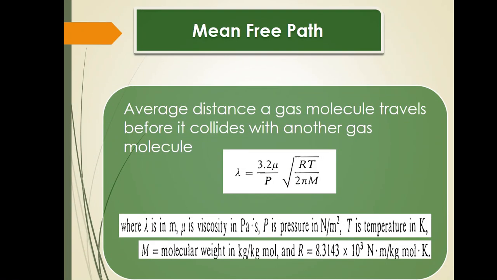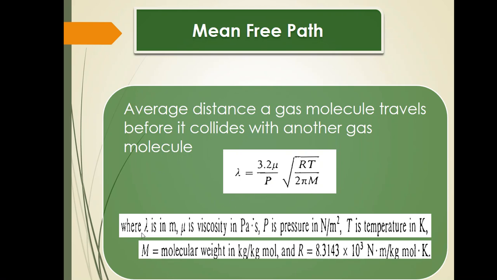Now, there is the mention of the mean free path for a gas molecule. In your Chemistry 1, this was discussed: the average distance a gas molecule travels before it collides with another gas molecule is this mean free path. So on the average, how long will a particular gas molecule travel before it collides with another? It's a function of the viscosity of the gas, its pressure, its temperature, and its molar mass or molecular weight.